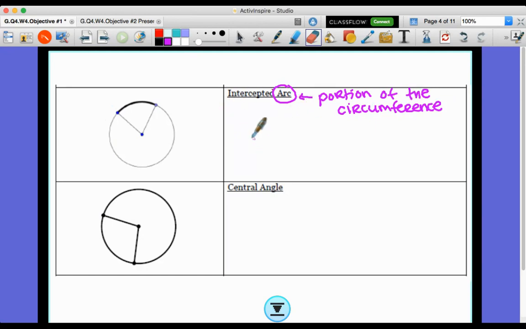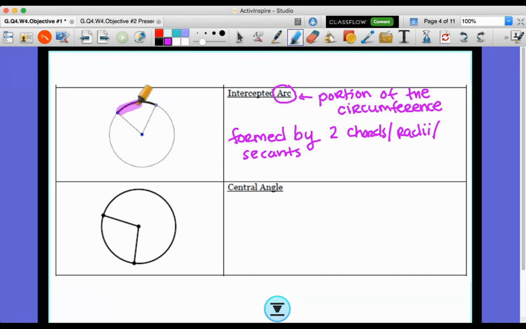So the portion of the circle, it's formed by two chords, radii, and they could be formed by anything, secants, right? So this part of it is the intercept. It's kind of darkened, but this is the intercepted arc, and that is intercepted in this case by these two radii, right? So it's like the part that's eating it. If you were to shade the whole inside, it's what part of the arc is there. It's formed by two chords.